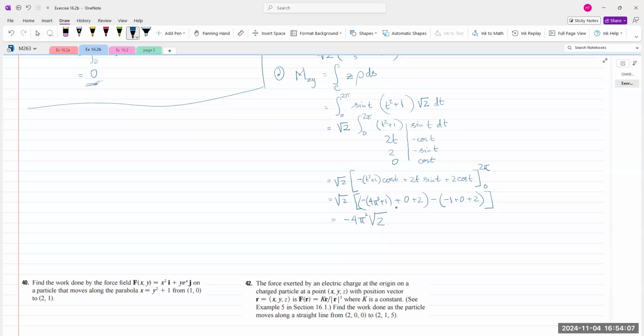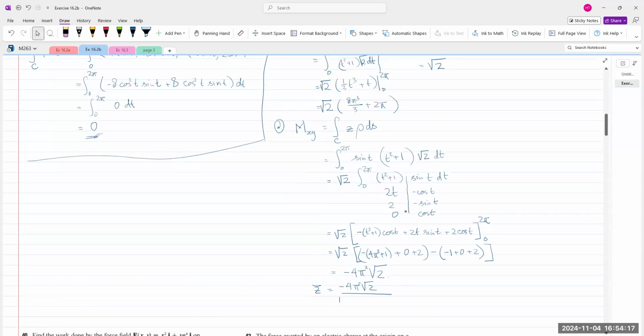In fact, the c bar will be negative 4 pi squared square root of 2 over the mass, which is square root of 2 times 8 pi cube over 3 plus 2 pi. I think at least I can cancel the square root of 2. Let me multiply by 3.